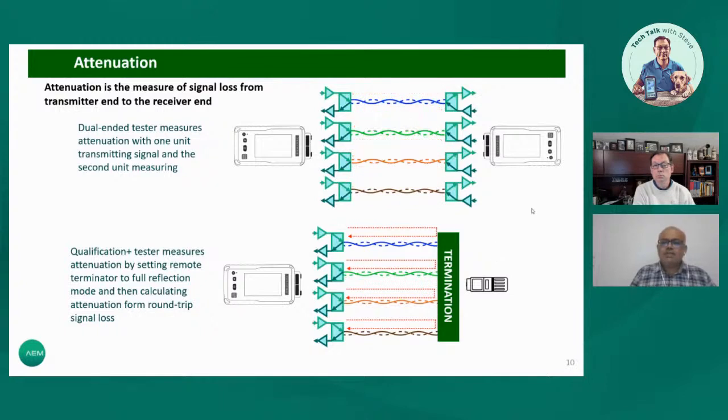Like you see here, in the regular certification test, both units send signal to the other side, and then they measure, and then they know how much the insertion loss is. In qualification plus, which is the picture below, the signal is sent out, reflects back, and the main unit knows how much loss happened across the round trip of the cable under test.